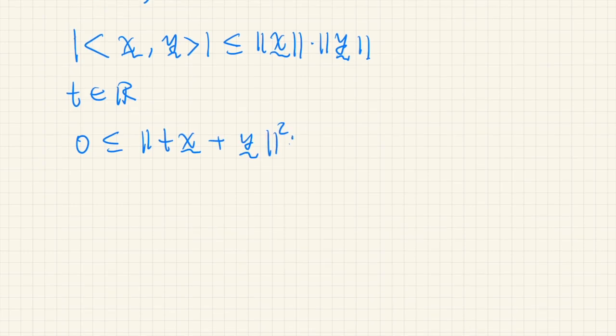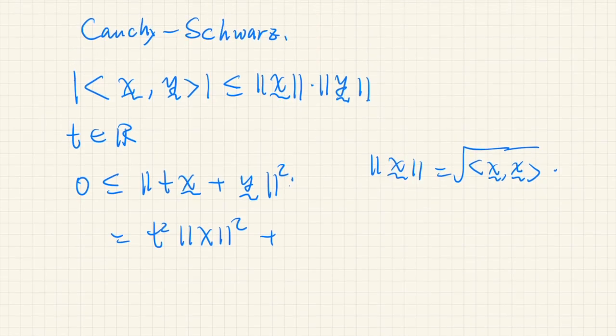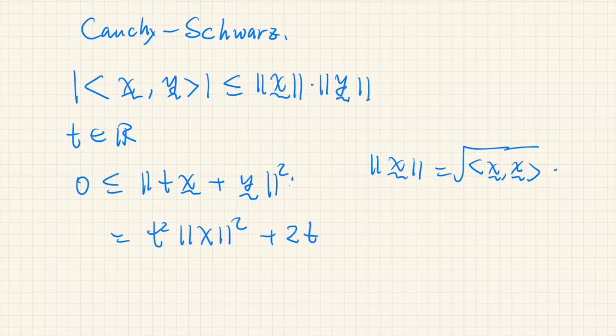Okay, so let's expand this, using the definition of the norm. So we define the norm of x as the square root of the inner product, right? So by using this, we can expand this as t squared times the norm of x squared, plus, and we are considering only the real Hilbert space here, 2t times the inner product between x and y, plus the norm of y squared.